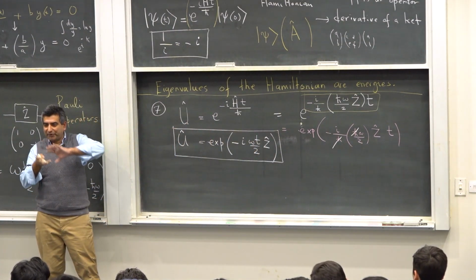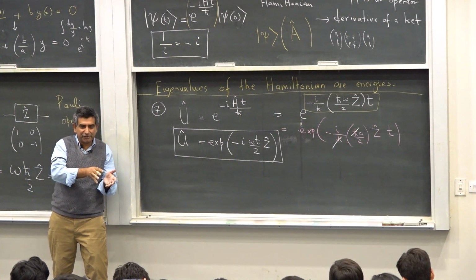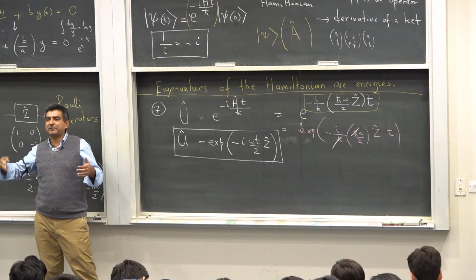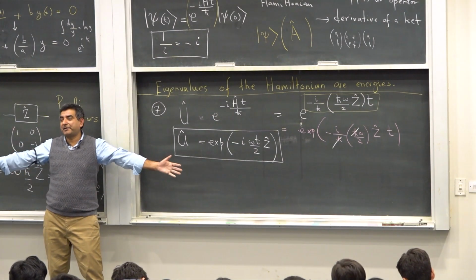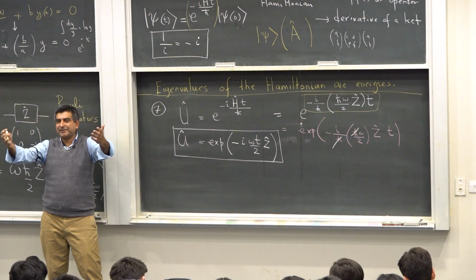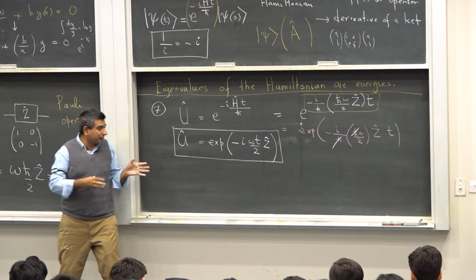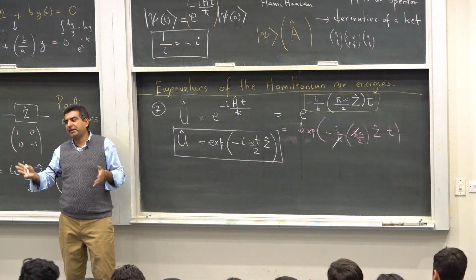So this is the operator. This operator acts on the initial quantum state to give me the quantum state at some later time. So now I have solved the time dependent Schrodinger equation. The only thing is that I need to make physical sense out of it. All right.